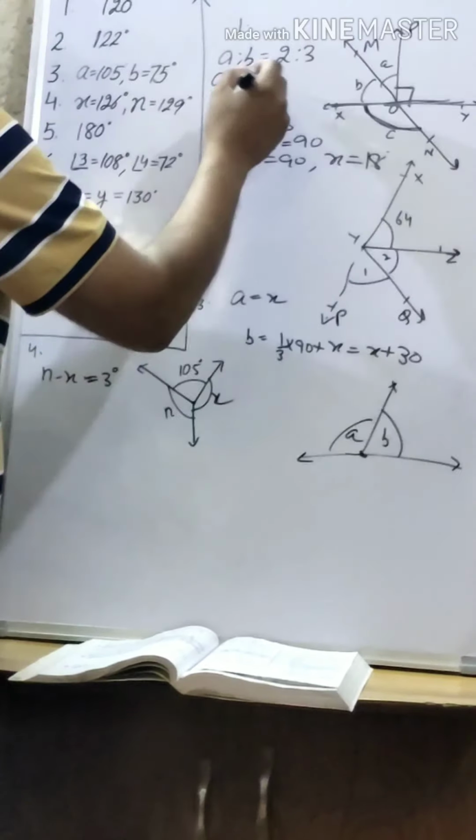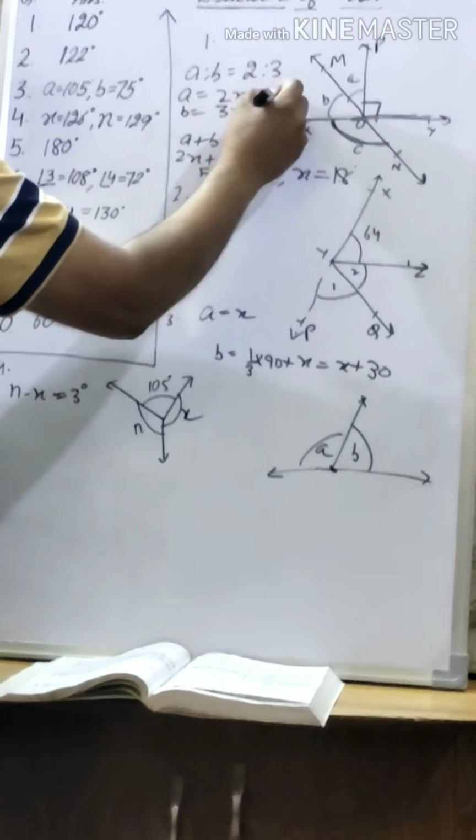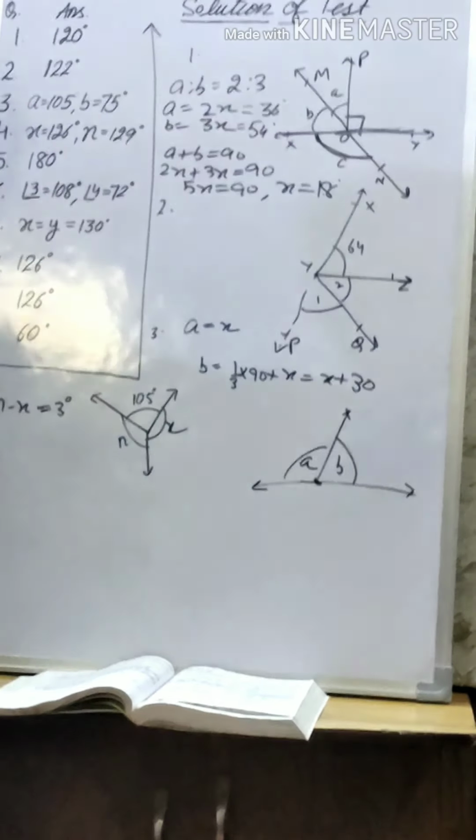So now put the value here. A is 18 times 2, 36, and B is 18 times 3, 54.